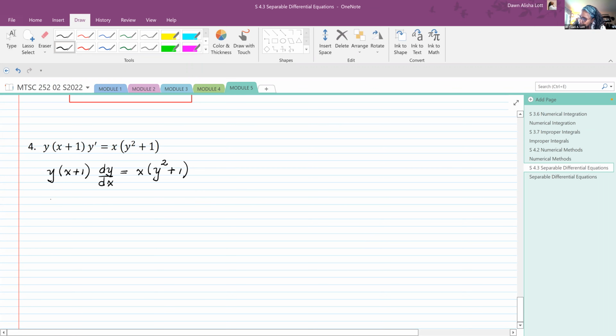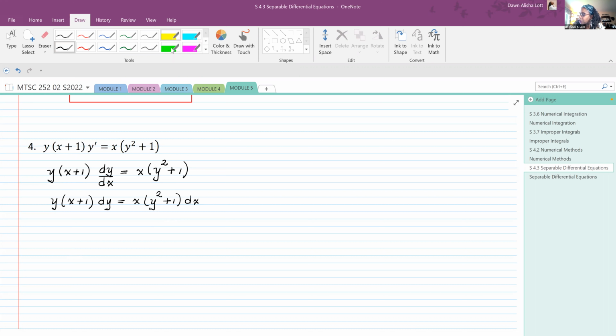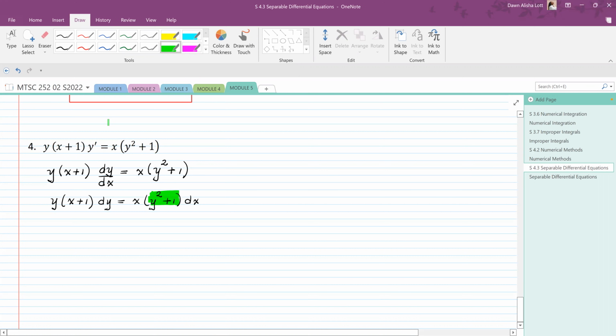Okay, I have y, x plus 1 dy is equal to x times y squared plus 1 dx. Then I'm going to move everything that's an x, everything that's a y moves to the left. Oh, that's all we're doing.